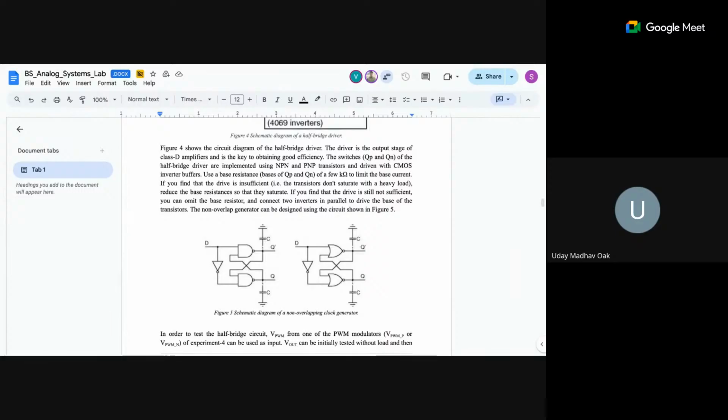One of the outputs of the non-overlapping pulse generator is always stuck at 1. If I remember it correctly, the Q output, and Q bar, I don't recollect. So that is not behaving properly. I'm yet to troubleshoot that. I have checked the connections repeatedly. Those seem to be fine as per the circuit diagram that I have drawn.